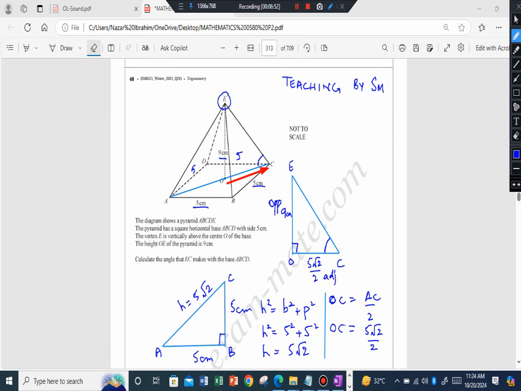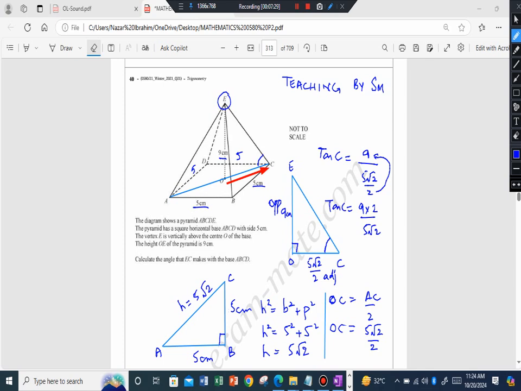So tangent C is equal to opposite upon adjacent, right? So opposite is 9 and adjacent is 5 root 2 upon 2. Okay, definitely we should first simplify this. So 2 will go over here after reciprocating. So it will be 9 into 2 upon 5 root 2.